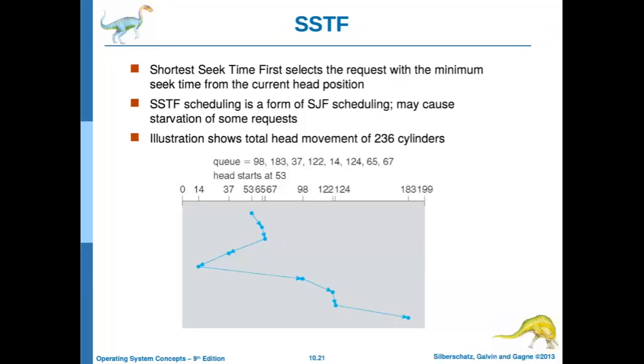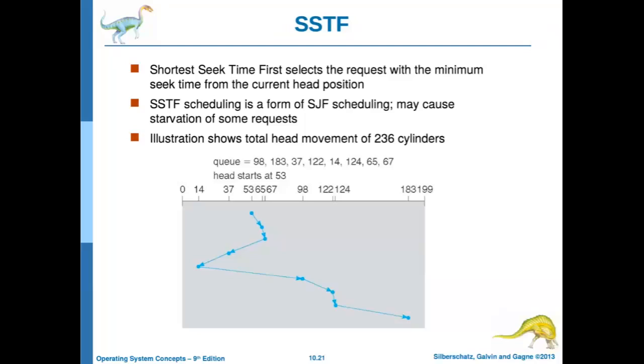Again the same example is taken where the queue requests are 98, 183, 37, 122, 14, 124, 65, 67, and the head starts at 53. Now, as the name of the algorithm suggests, whichever location is nearest to my current location will be served first. That is what SSTF is.